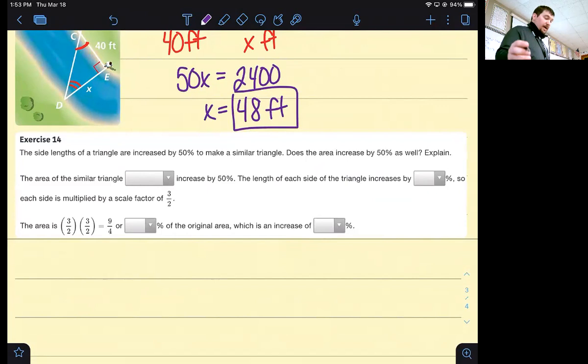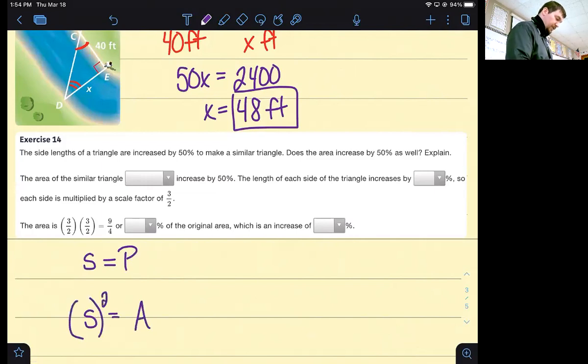Because we've talked about ratios of side lengths to perimeter and side lengths to area. Was the side length ratio equal to the area ratio? No. The side length ratio was equal to the perimeter ratio, but the side length ratio was not equal to the area ratio unless you did what with the side length ratio? You squared it.